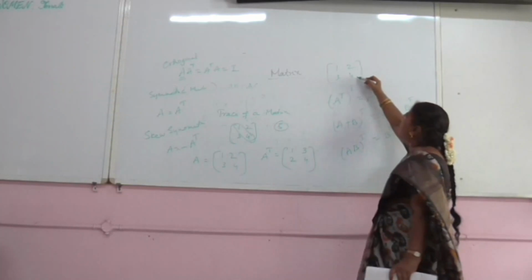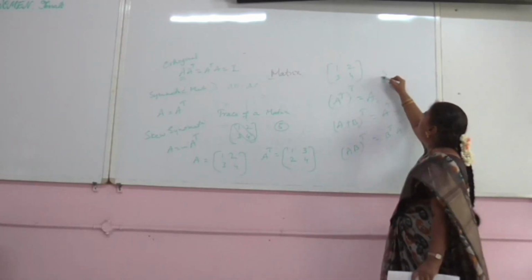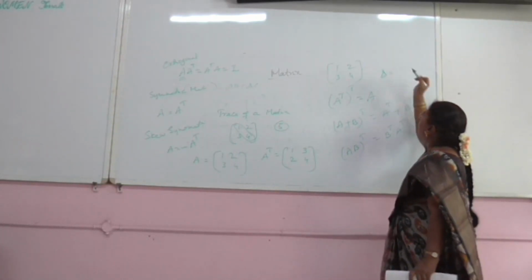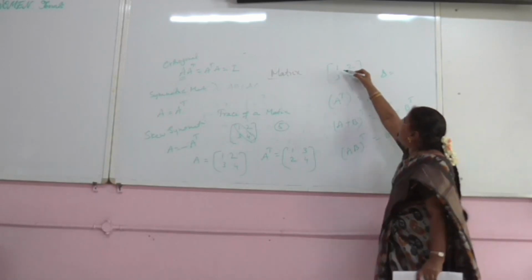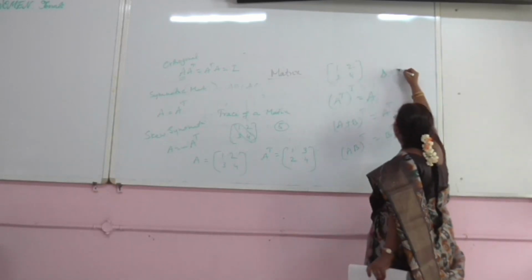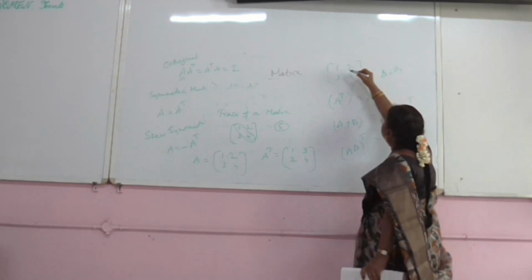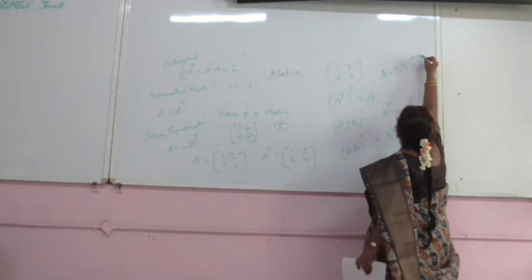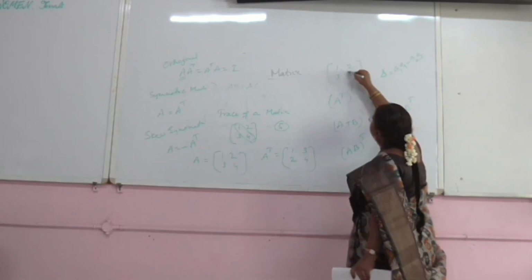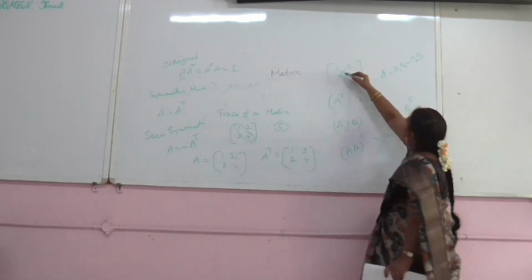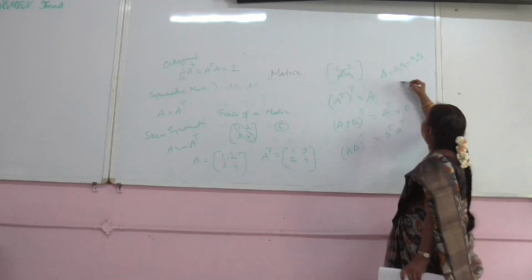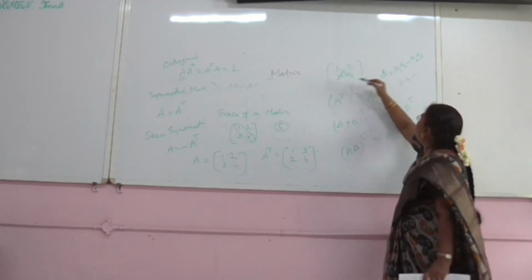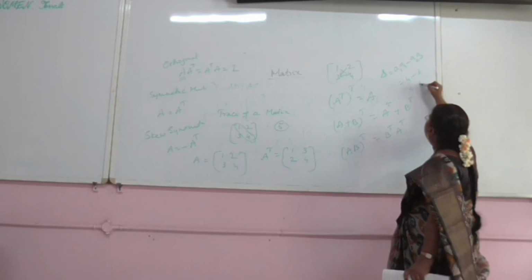A square matrix is associated with a real number delta. Delta will be calculated by the formula A1 A4 minus A2 A3. Here, 1 into 4, 4, minus 2 into 3, 6, gives minus 2.